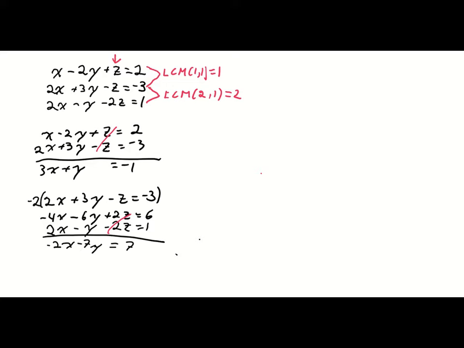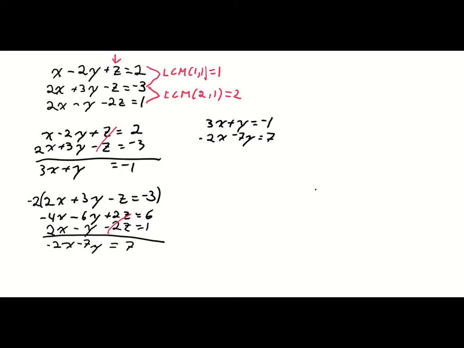So what we have created is a system with two equations and two variables. So our two equations are 3x plus y equals negative 1 and negative 2x minus 7y equals 7.